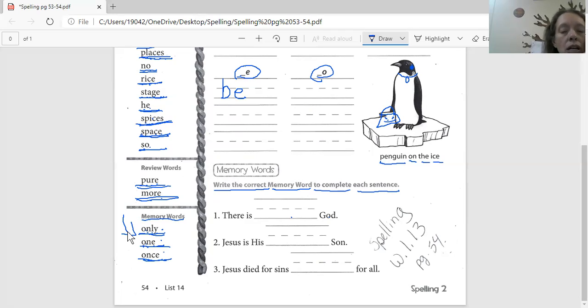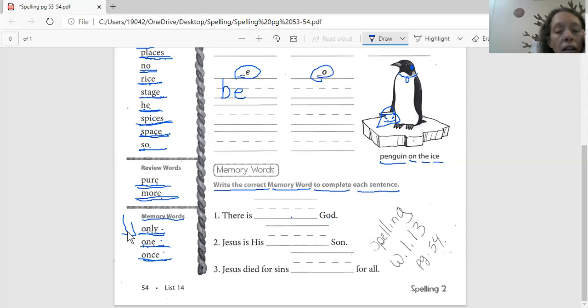And the last one says, Jesus died for sins, blank for all. If you think Jesus died for sins only for all, write only in there. If you think Jesus died for sins one for all, write one in there.